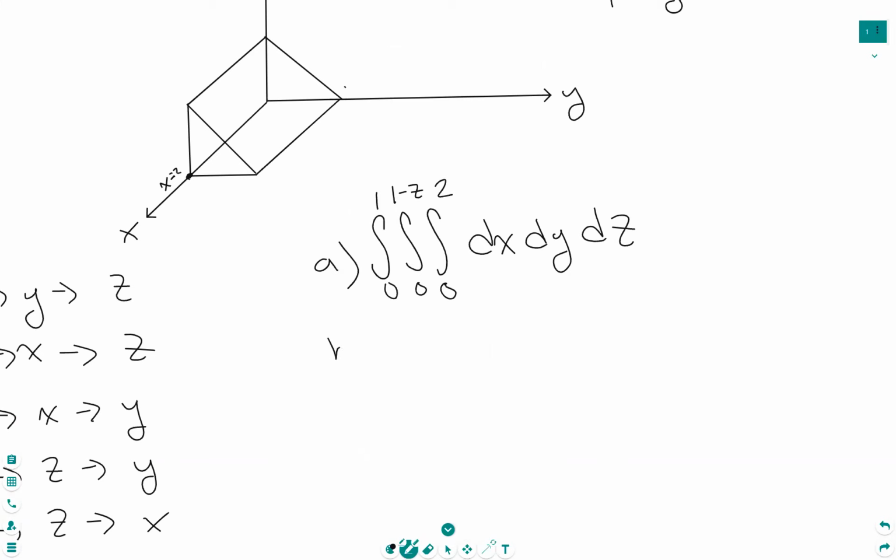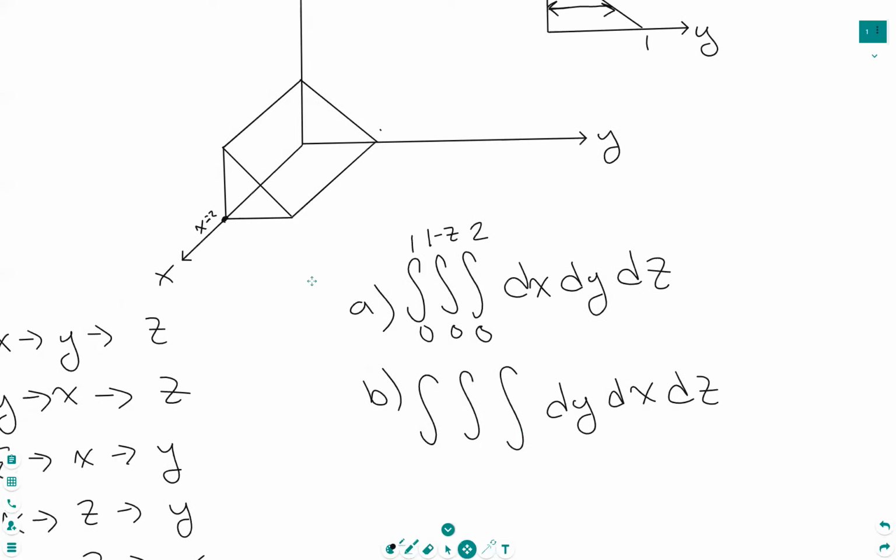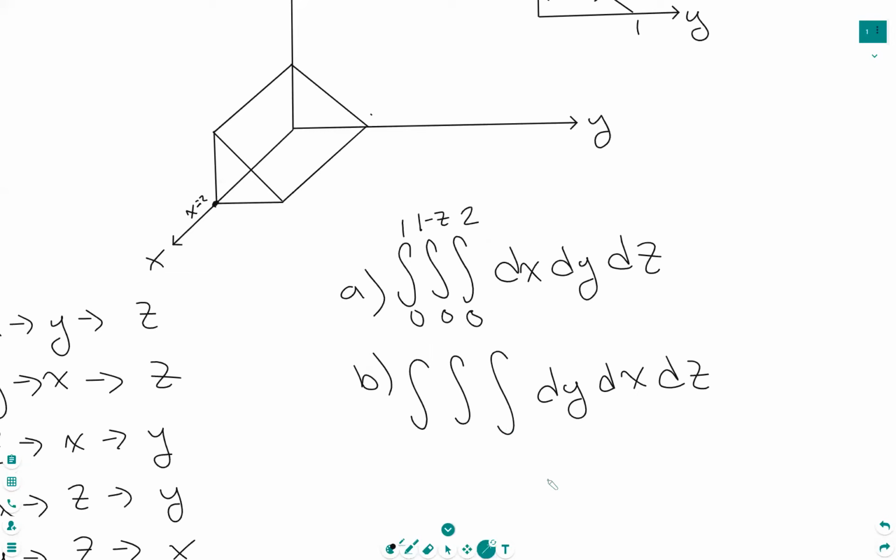So then for B, maybe I should give myself some room for the upper bounds. We're doing dy, dx, dz. Okay, so now we look back at our prism here.